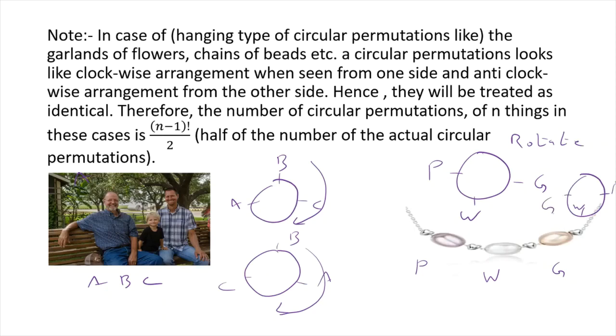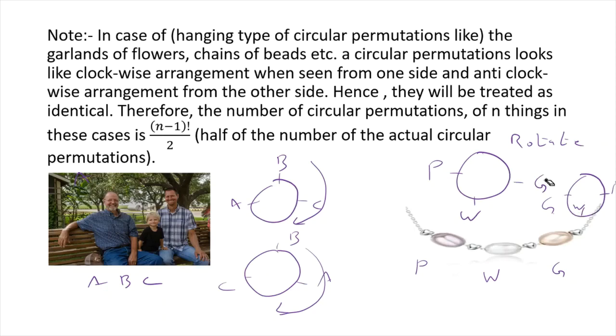Without removing the beads from the chain, I can rotate this chain and wear it. If I rotate and wear it, this will be the arrangement. Without rotation, this will be the arrangement. So without removing the beads from the chain, I can get these two arrangements.